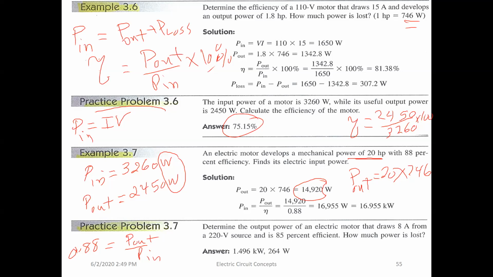So 88 divided by 100 is 0.88, and then we are having the output. So P input equals, we do the cross multiply, so it will be P out over the efficiency. We just plug in P out and the efficiency, and this is our input power. So again, this is in kilowatts.